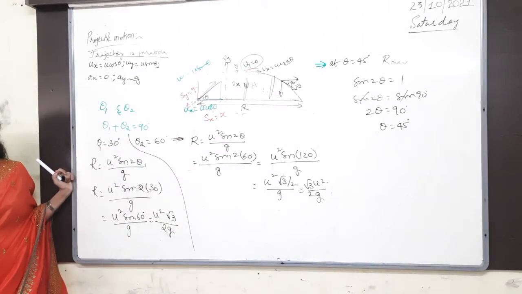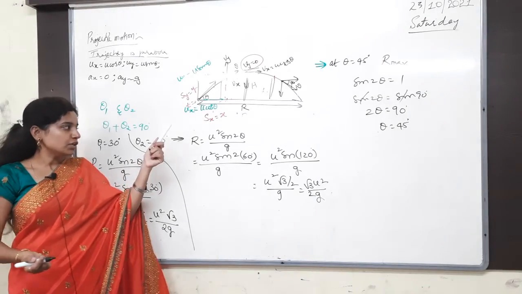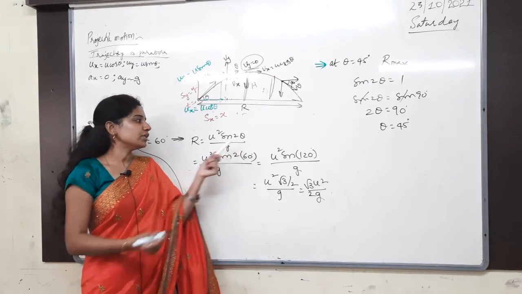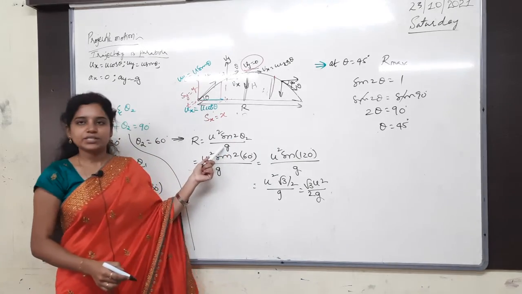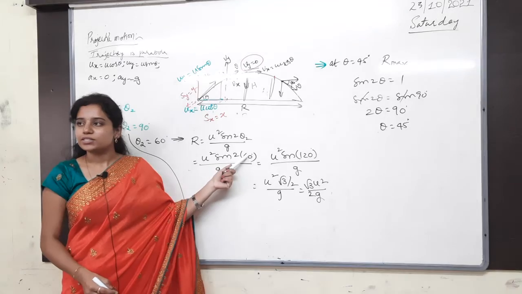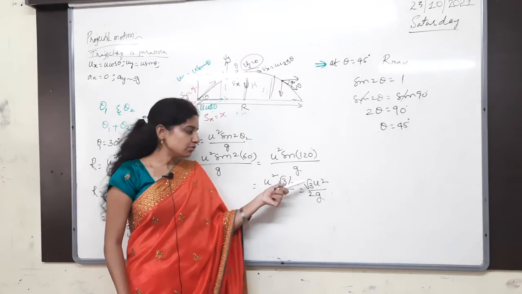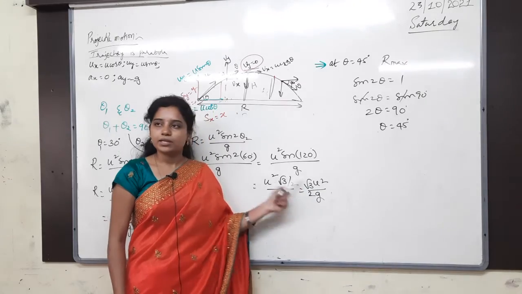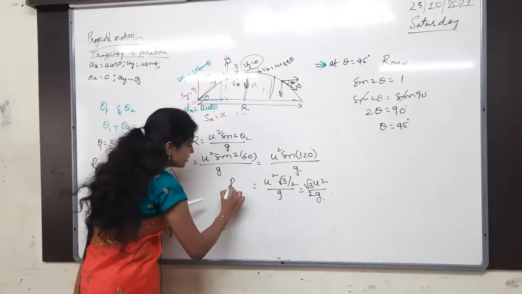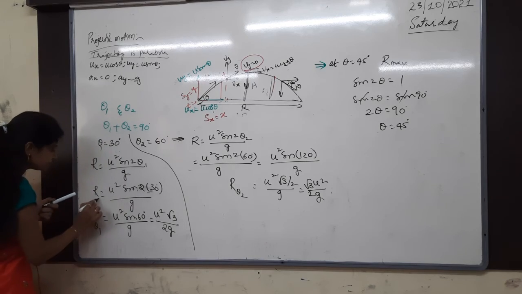Then the second angle is theta 2 equal to 60. U square sin 2 theta 2 divided by G, again the formula. Sin 120 becomes root 3 by 2. So root 3 U square by 2G. This is the range at theta 2 and this is the range at theta 1.